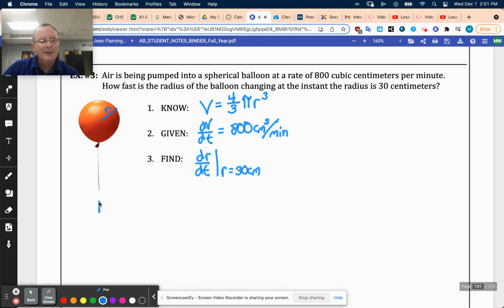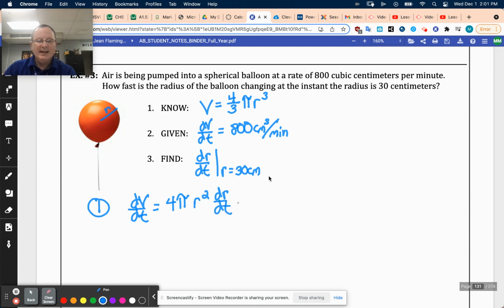Step 1, take the derivative with respect to time. So that's dV/dt, and that's going to equal 4 pi r squared dr/dt.